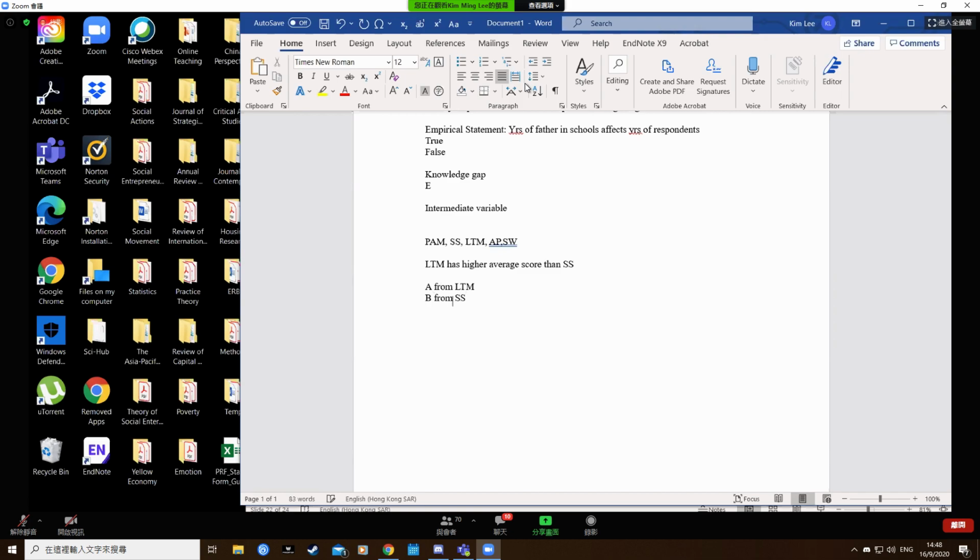And we conclude that B should have a lower social research score than A, because LTM has a higher average score than SS students. So this is our conclusion. In this case, we make the ecological fallacy. So this is wrong.